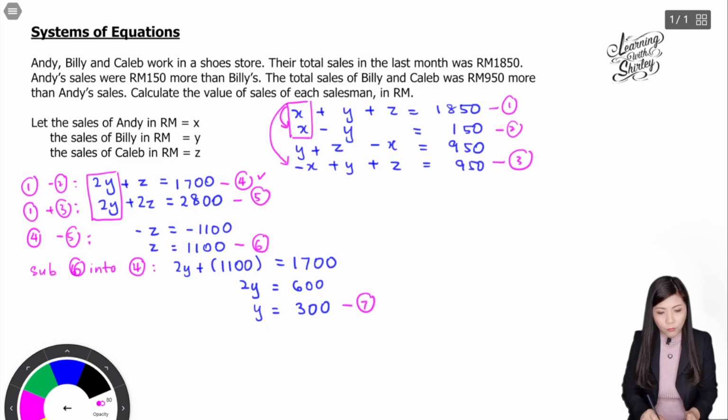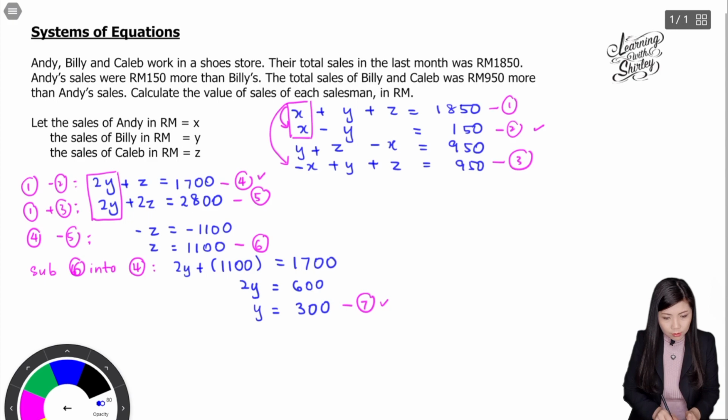Now we have to find the value of x. Let's see which one is easier. I'm going to sub 7 into equation 2 to find the value of x.